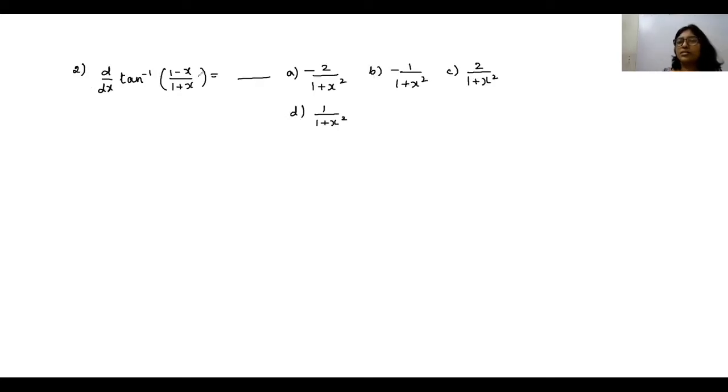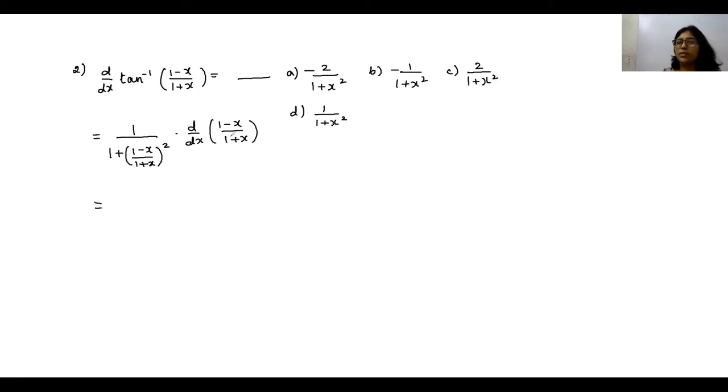In questions like this, we would rather think of substituting x as cos 2 theta, but then it should have a square root. So here we will have to differentiate directly, which is 1 upon 1 plus x square, and d by dx of the inner term, applying the chain rule.